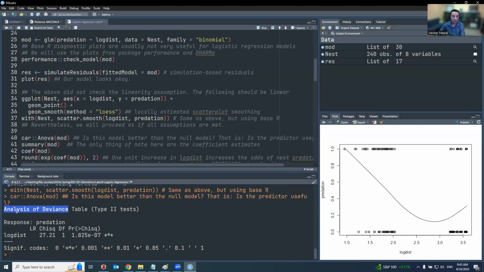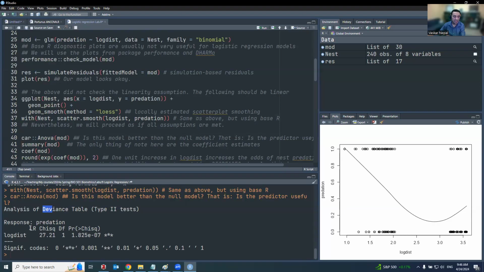Analysis of variance is what we had used for linear models. Now we are using these for generalized linear models, and generalized linear models do not have analysis of variance. In fact, what they have is analysis of deviance. But you can interpret it in much the same way.